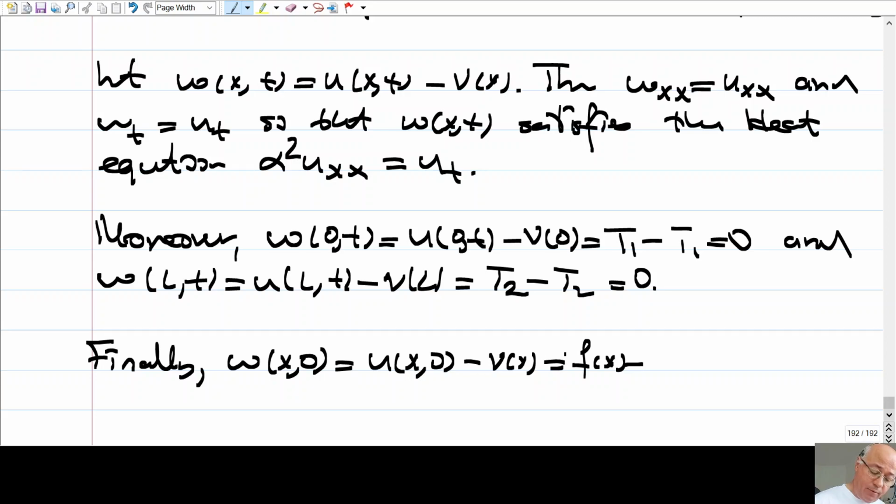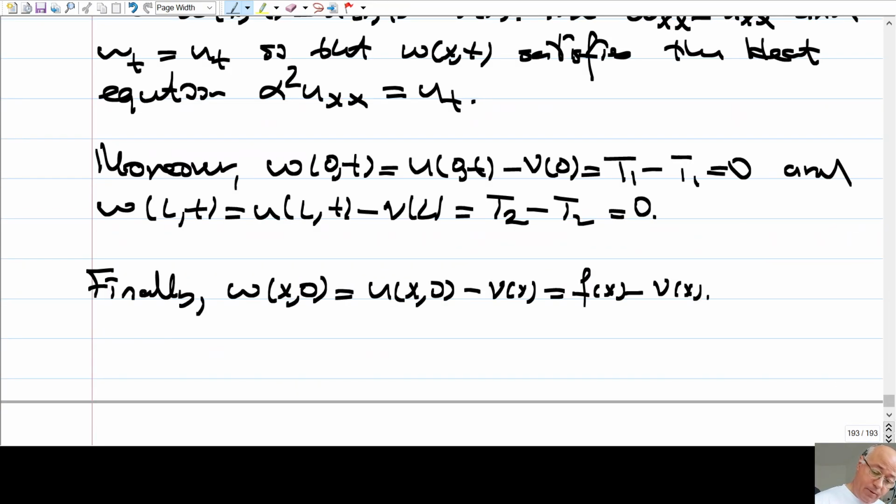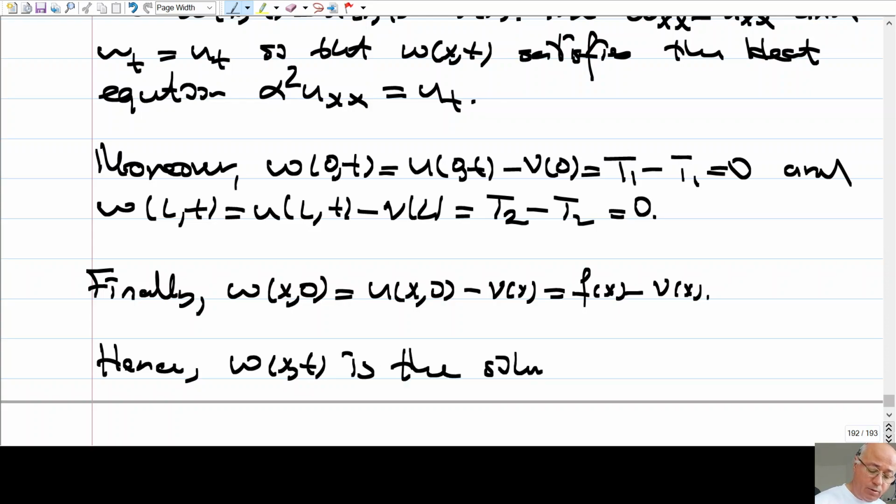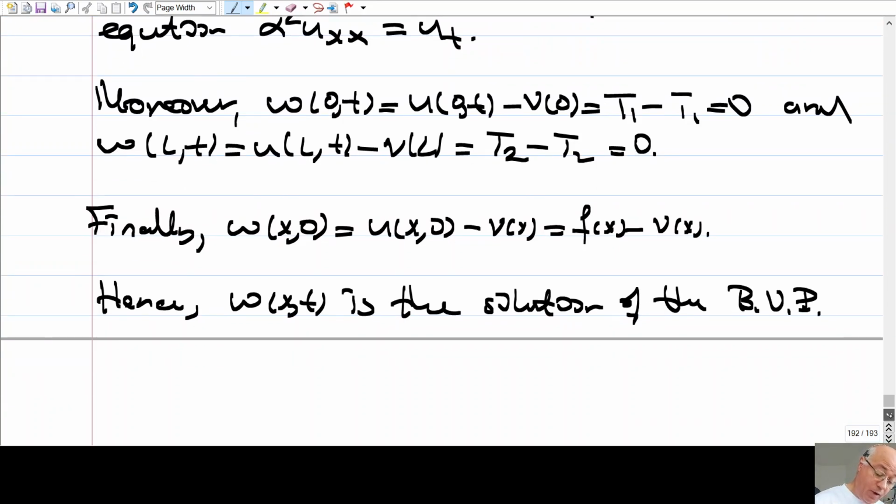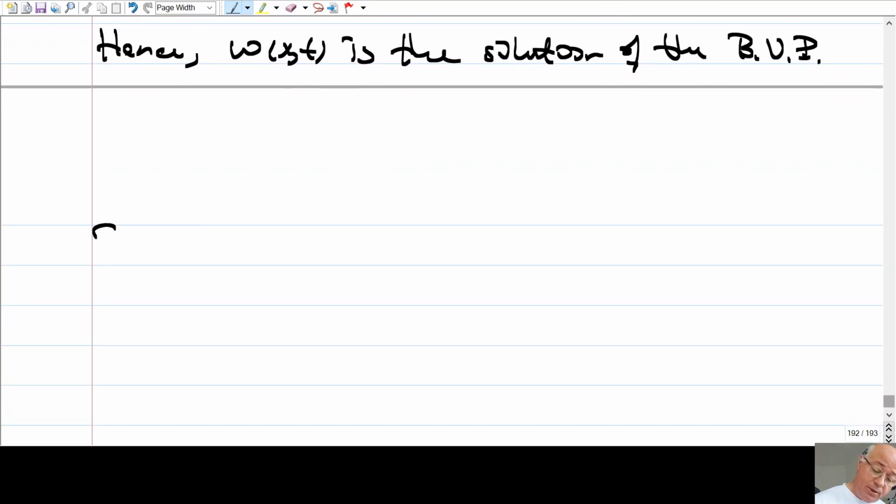And here I have the function v(x). Hence w(x,t) is the solution of the boundary value problem. Which problem? It is this one.